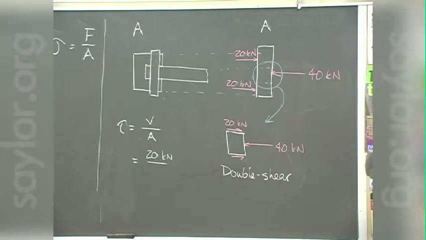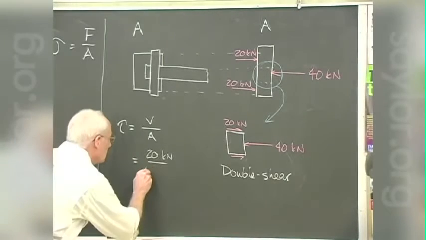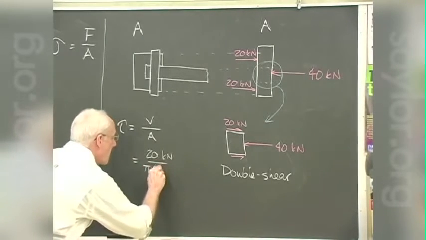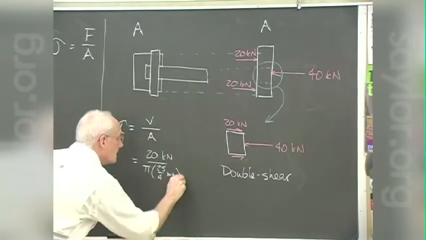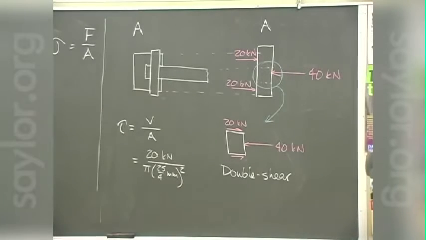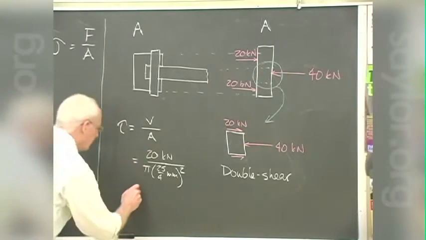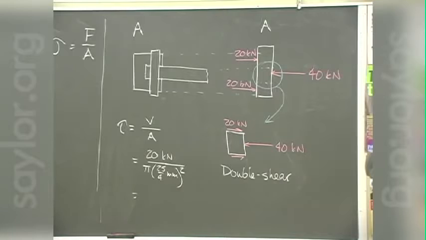In this case we have a 25 millimeter diameter area, so just one of those areas is withstanding the 20 kilonewtons. If you put in the full 40, you double the area and you get the same ratio anyway.